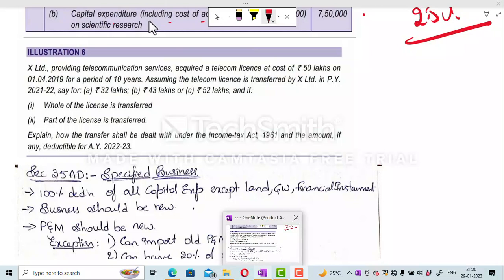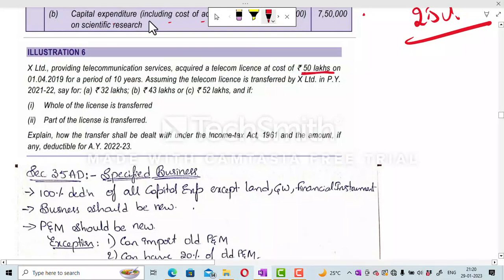X Limited, providing telecommunication services, acquired a telecom license at a cost of 50 lakhs. We can take the expense deduction for the license period in equal installments, from 1/4/19 for a period of 10 years.